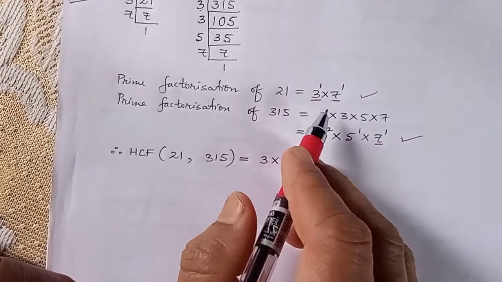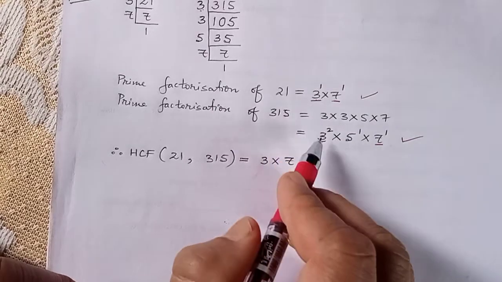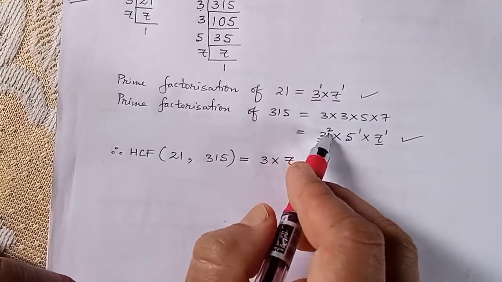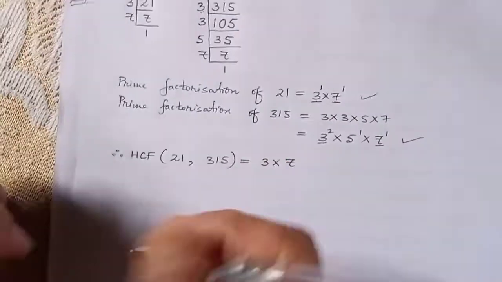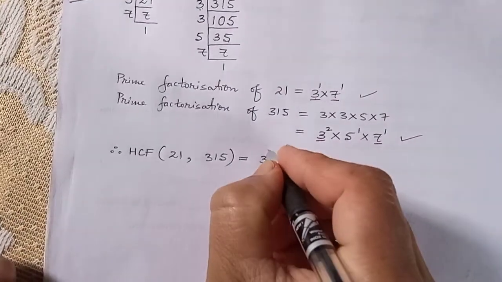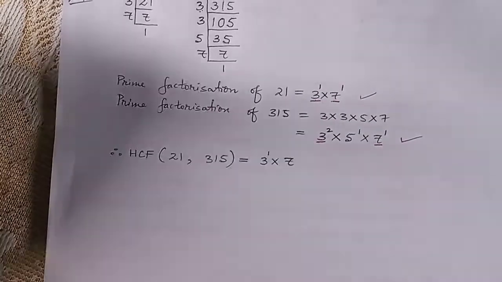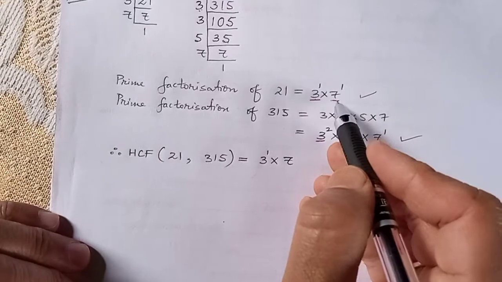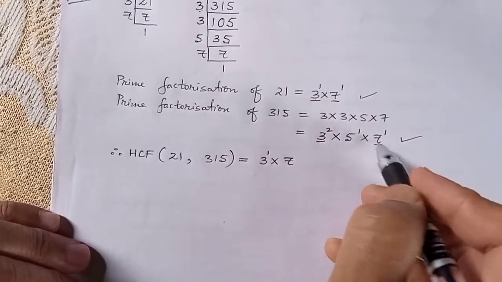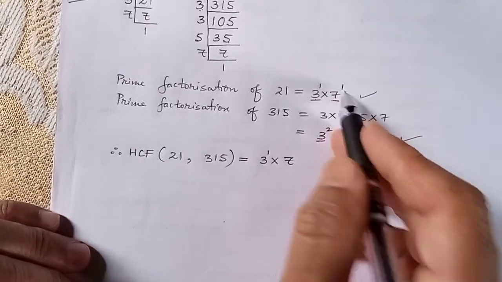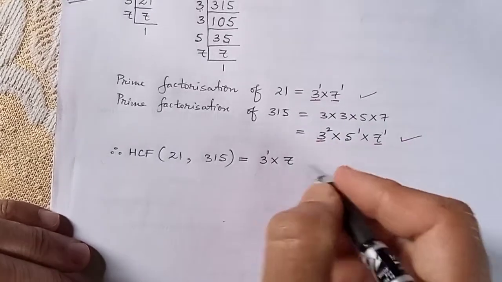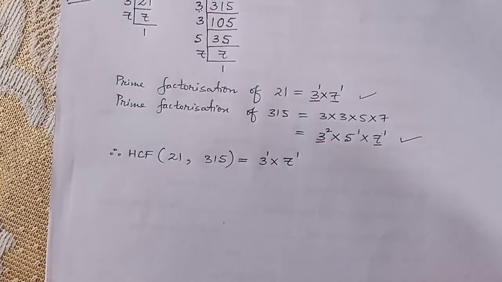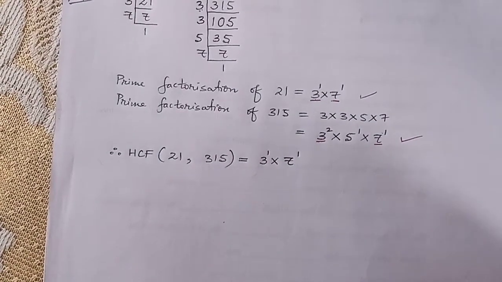So which is smaller? Here also 3 and here also 3, common prime factors. But if you look at the powers 1 and 2, which is smaller? 1. So we'll take power 1, the smaller power. For HCF, we should always take the smaller or smallest power. And same here, in this prime factorization 7 has power 1, and in the other we have 7 with power 1. Which is smallest? Obviously less than 1 is not there, so 1 is the smallest, so we'll take 1. Okay, clear? So 1 is the smallest power of 7 in both.